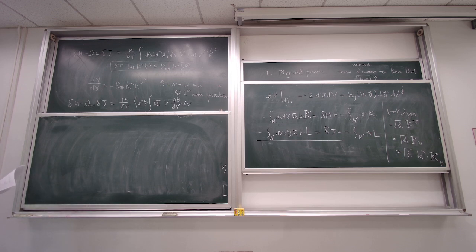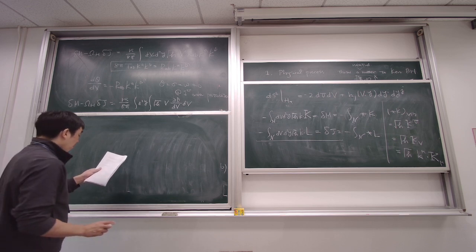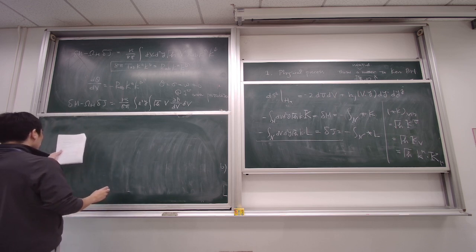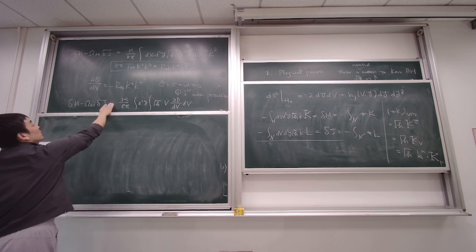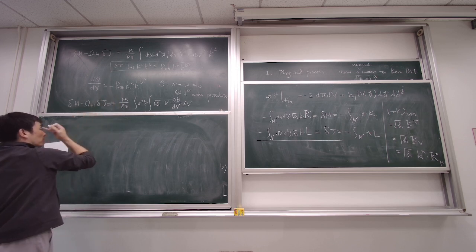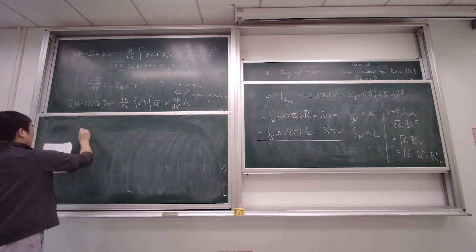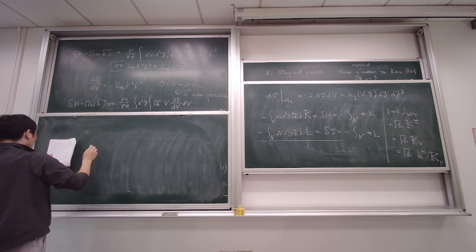And then what we need to do is just do the integral by parts. Somehow I miss a minus sign here. And here what we get is just integral by parts.